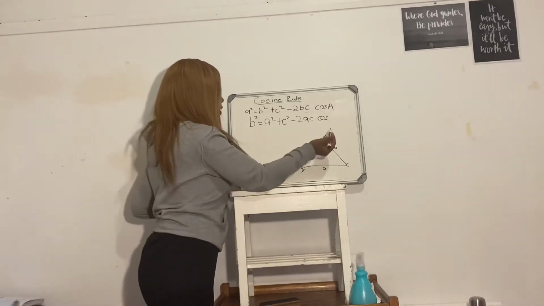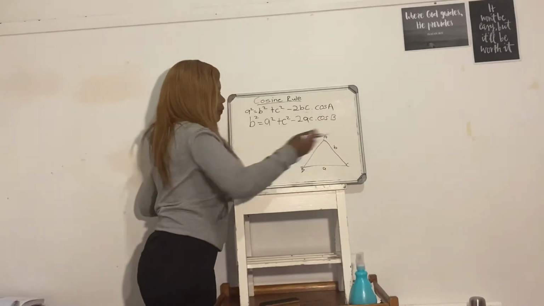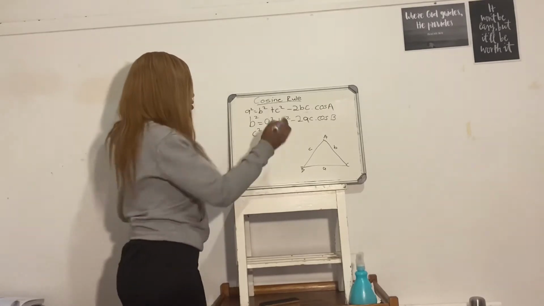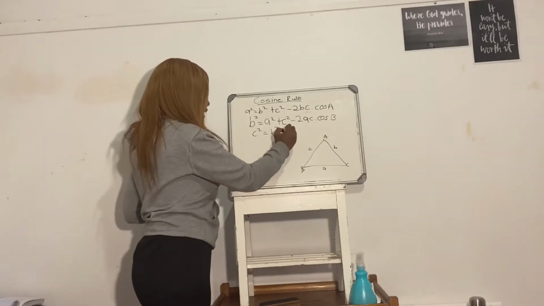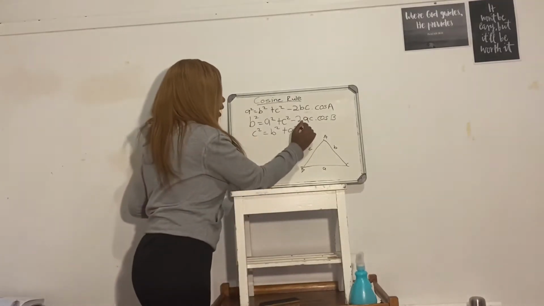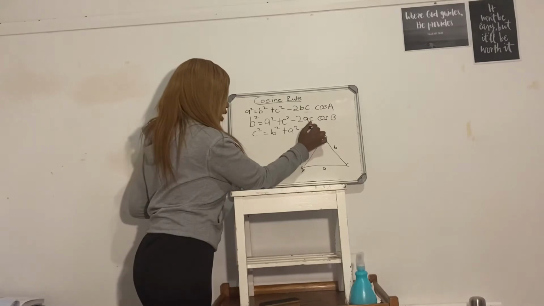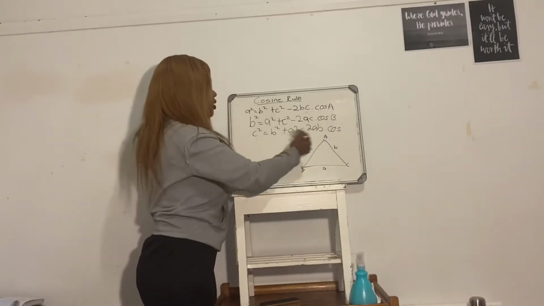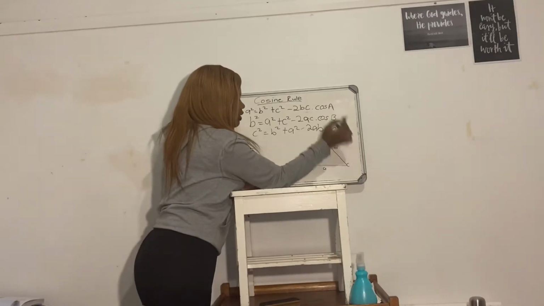So in this case, it's going to be cos angle B. Same thing goes for c squared. Sum of the two other sides is going to be b squared plus a squared, minus 2ab cos the angle that the side is opposite to, which is going to be cos angle C.